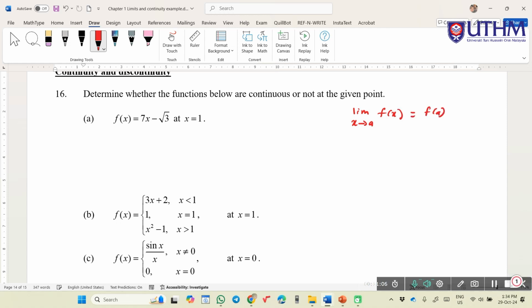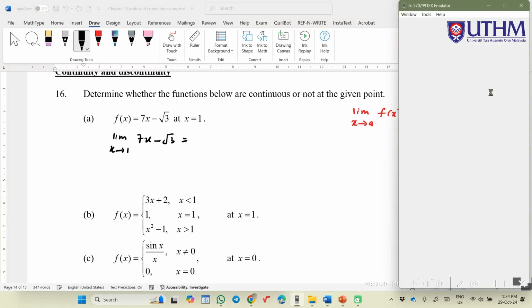So for example A, we need to find the limit as x approaches 1. f(x) is 7x minus 3, so we just calculate.